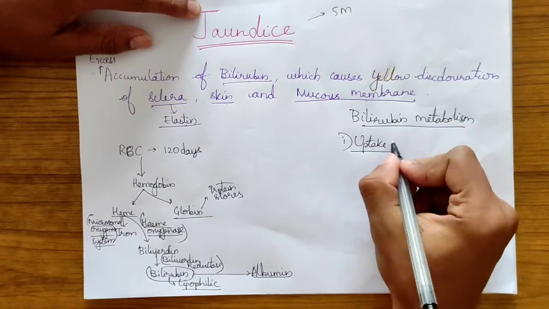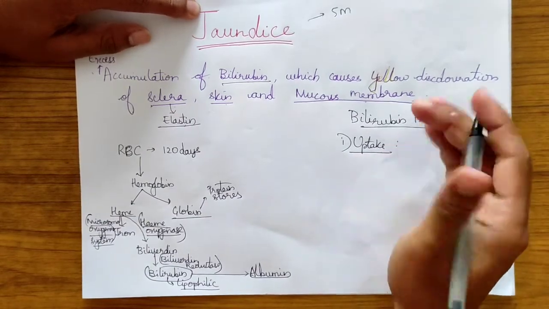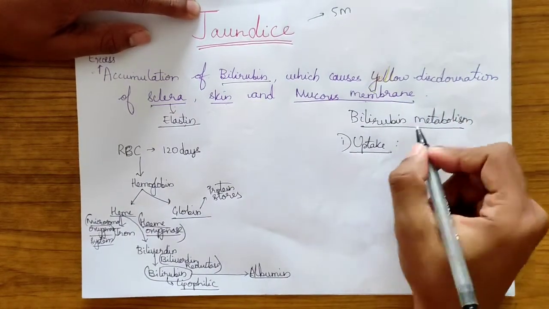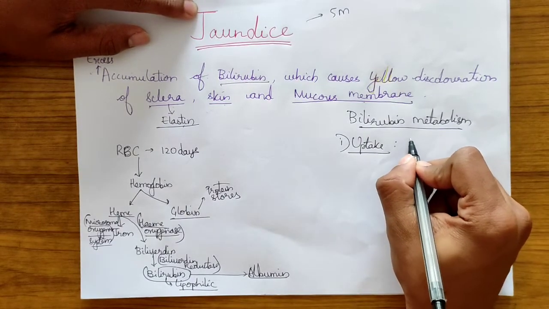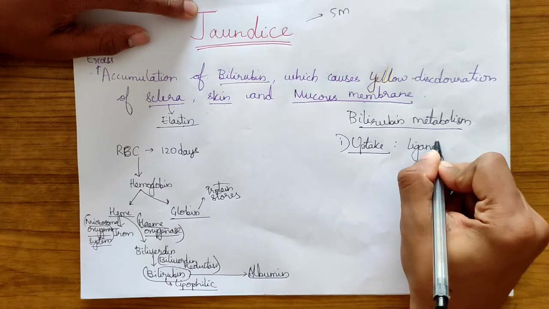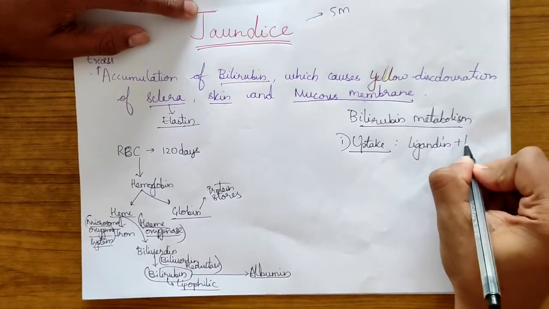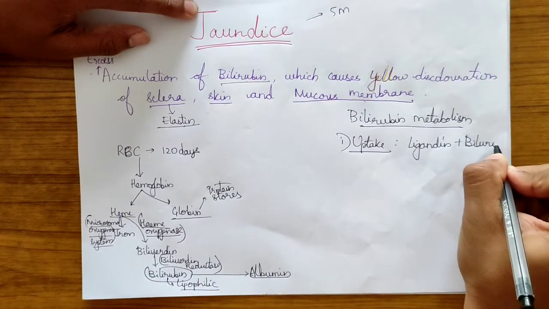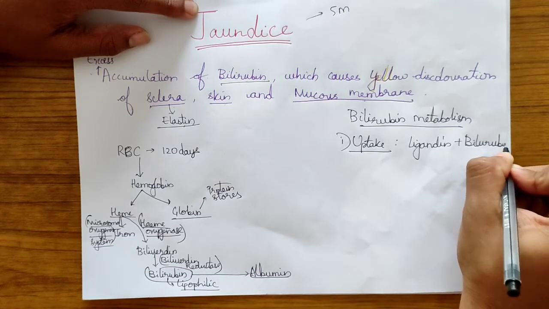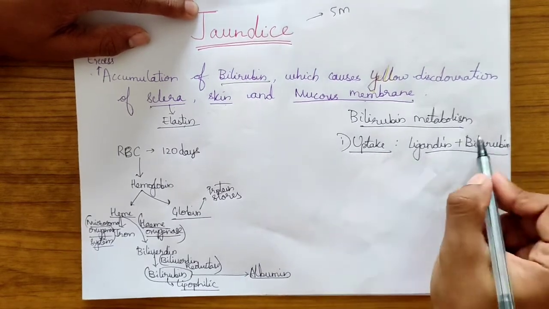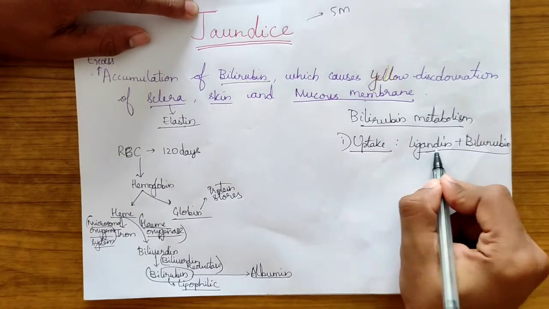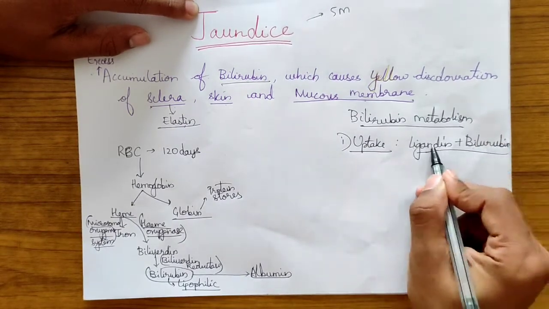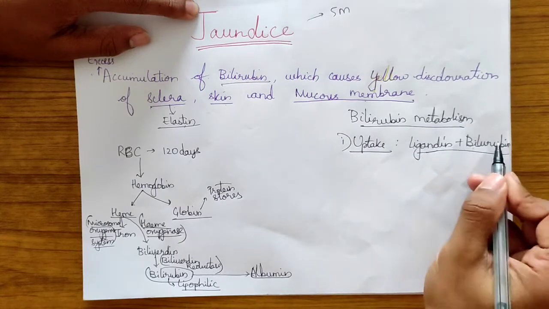The bilirubin is taken up by the hepatocytes, and after the uptake it gets attached with a protein called ligandin. So ligandin plus bilirubin. It occurs so that bilirubin doesn't escape back into the bloodstream out of the liver. This complex is very big and cannot escape out of the hepatic cells.